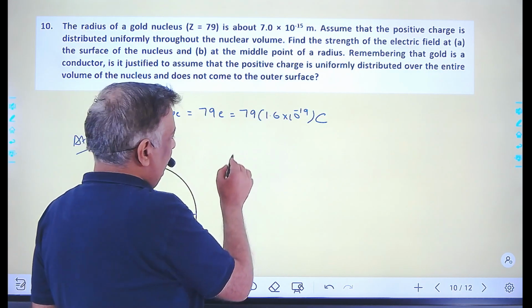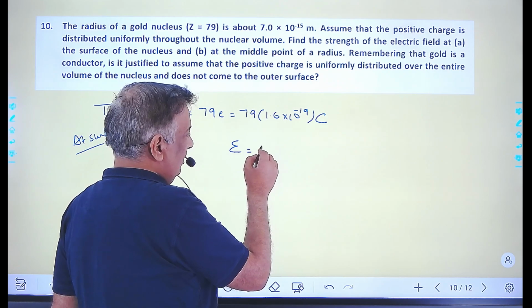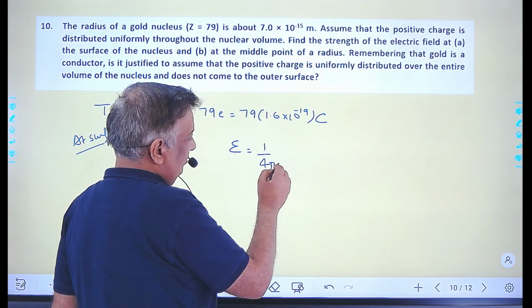सरफेस पे निकालोगे तो E is equals to, you can assume whole charge to be concentrated at the center also.